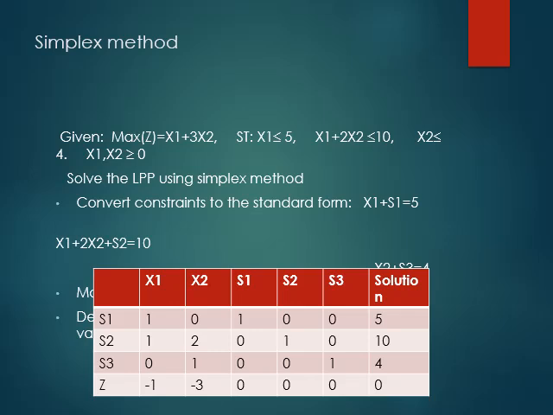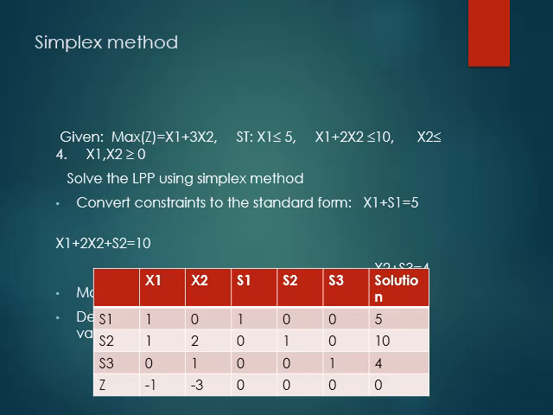The second constraint is x1 plus 2 x2 plus s2 equal 10. So the values of s2 row are 1, 2, 0, 1, 1 and 10 as solution. S3 consists of x2 and s3 and solution only. Here there is no x1, there is no s1, there is no s2.